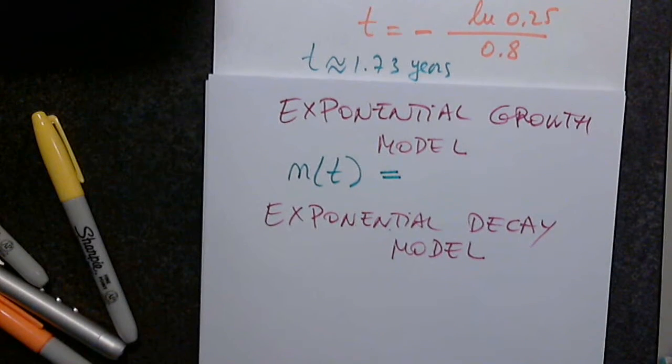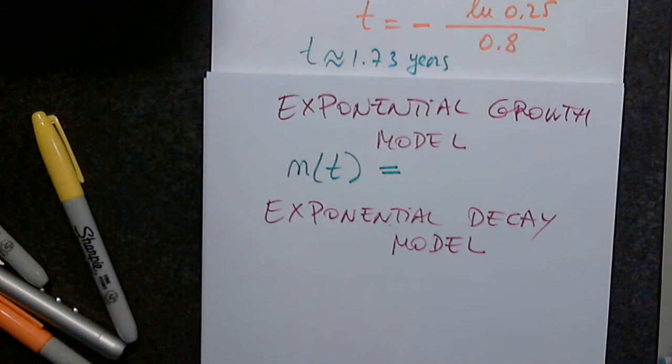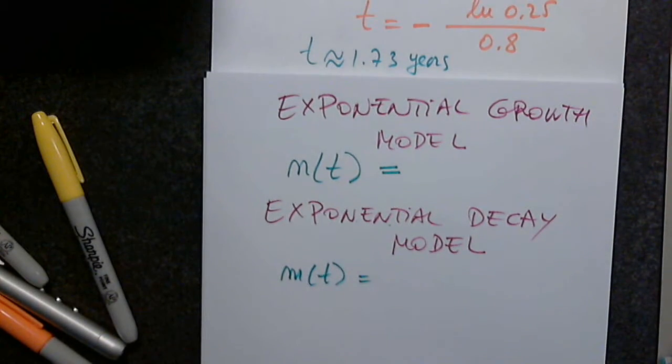It's a number. It can be bacteria, it can be number of population. The exponential decay model normally deals, I shouldn't say normally, but one of the most popular applications here is about radioactive substances. They decrease their mass in time, so that's why the model is m of t, not n of t. N stands for number, m stands for mass.